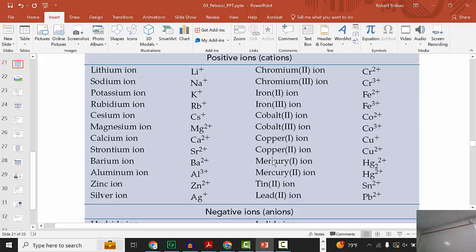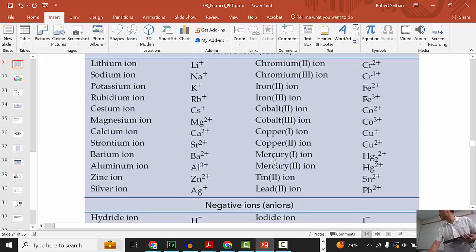And this is tin. Tin is not in group 2. You know what tin is? Tin is in group 4. And so we need to do that. Tin is not fixed charge.